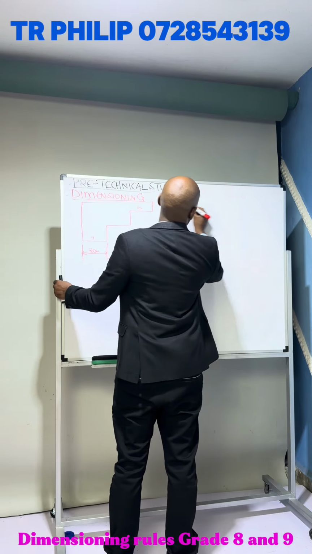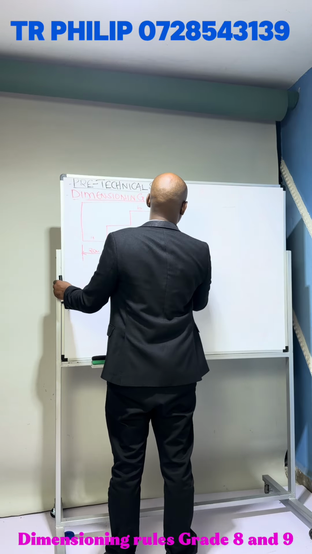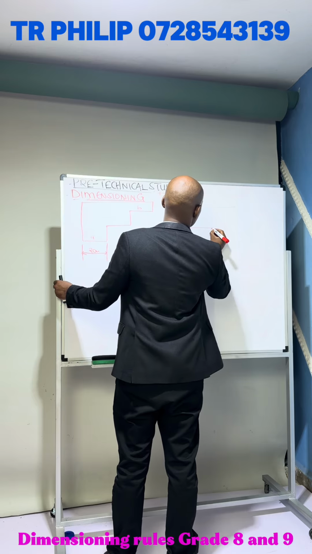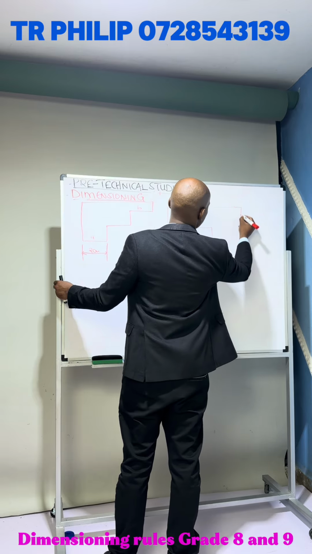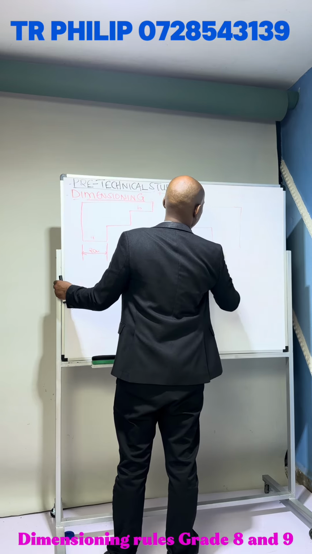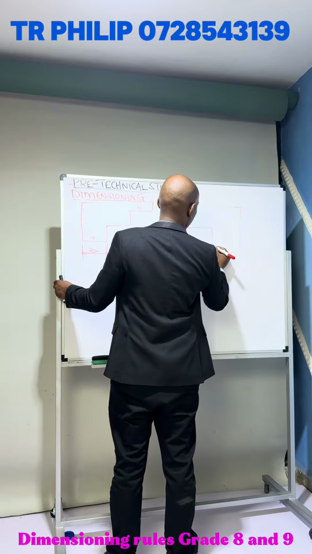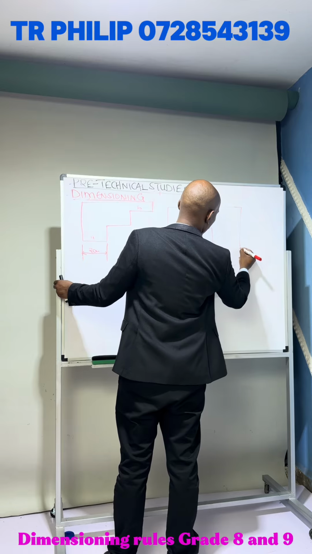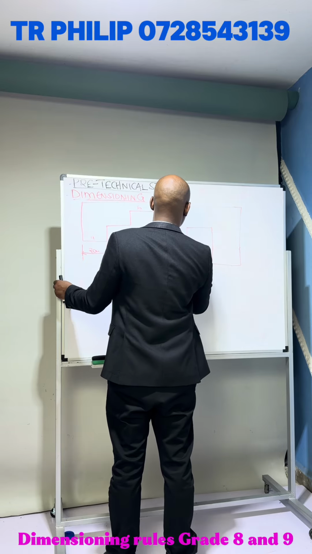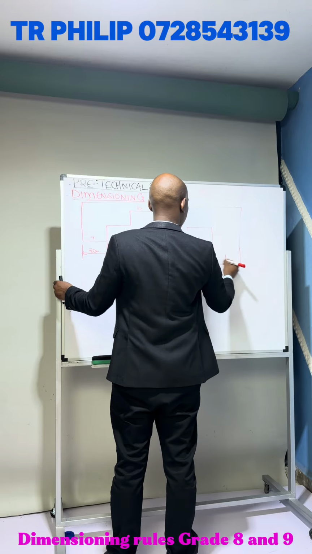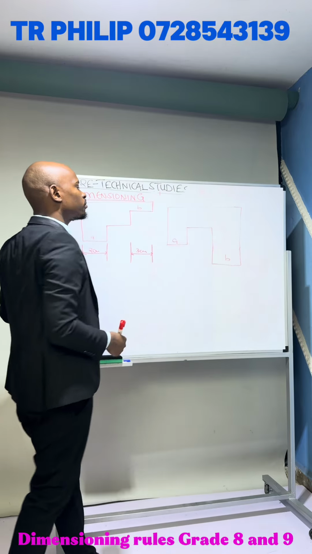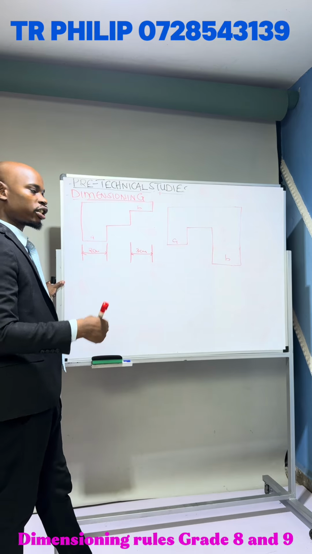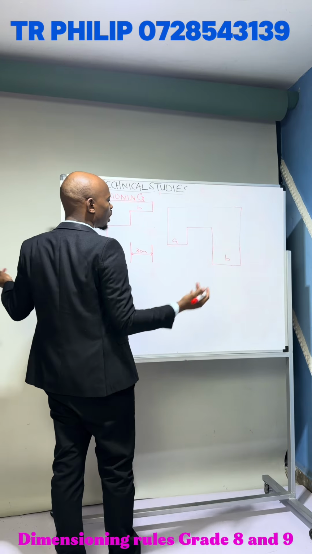Now, for your work at home, you can even try to dimension this one. Try to dimension this one at home. A, B. Dimension and measure. So actually, let us just do it.